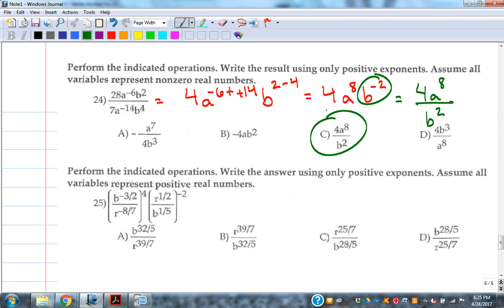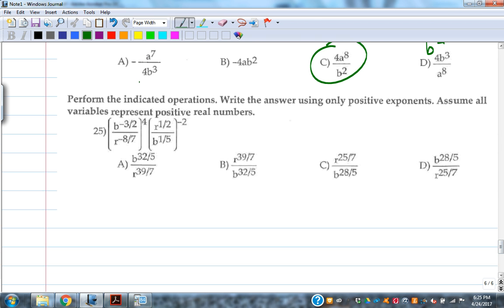All right. 25, same thing, it's just a little bit more work to do before we can fix stuff. So exponent rules, the 4 distributes to both of those. So that's going to be b to the 4 times negative 3, which is negative 12, divided by 2, which is negative 6. On the bottom, 4 times negative 8 would be r to the negative 32 over 7.